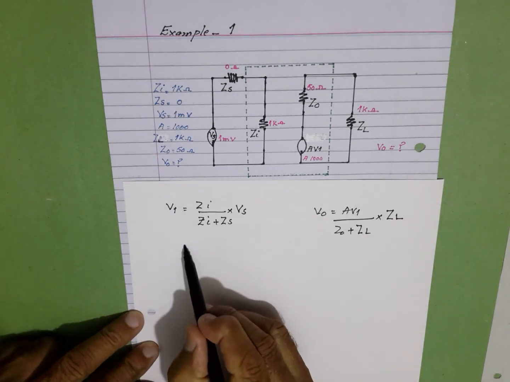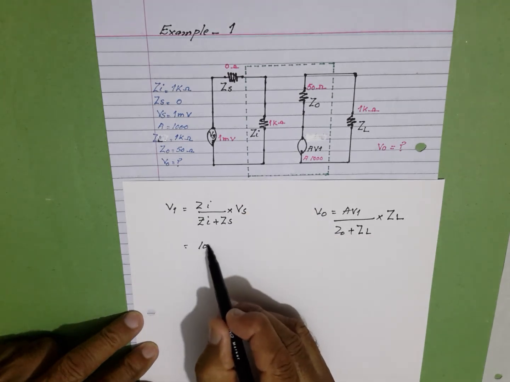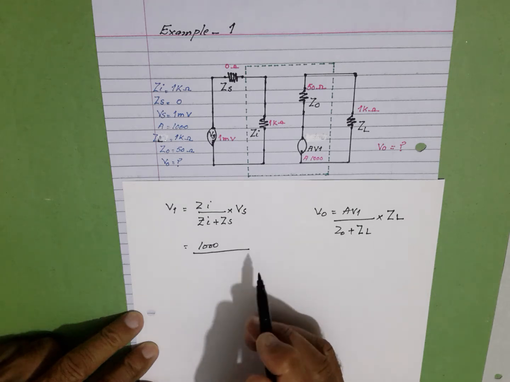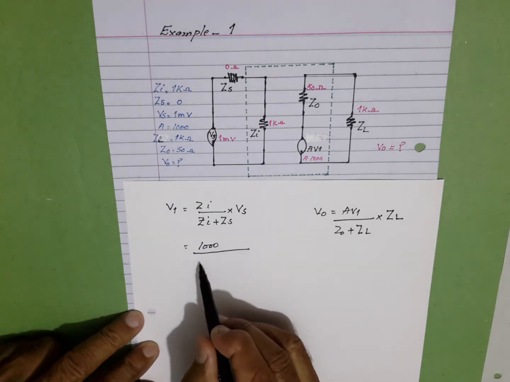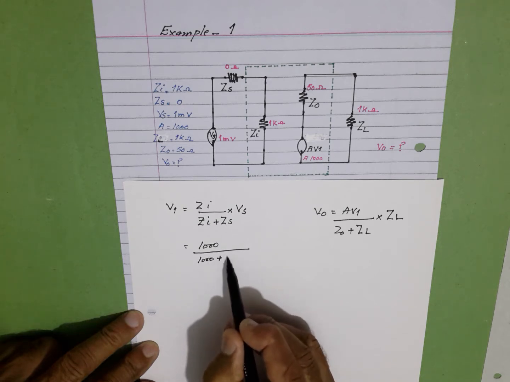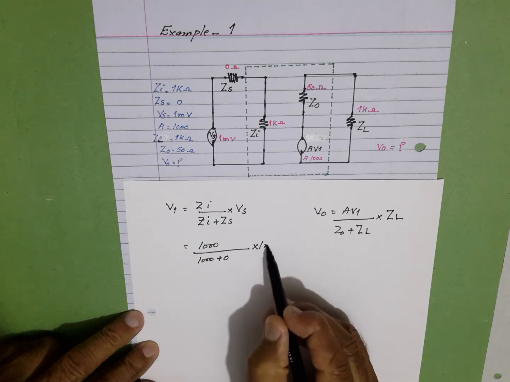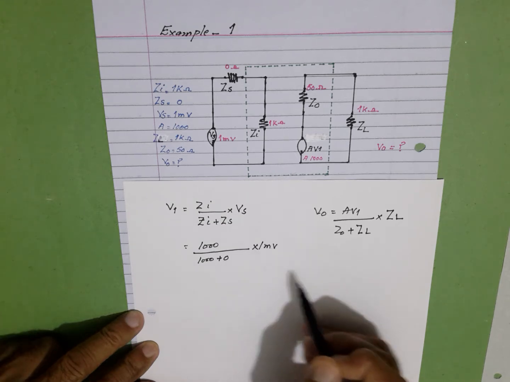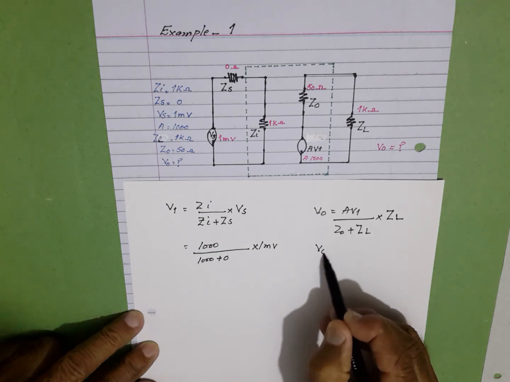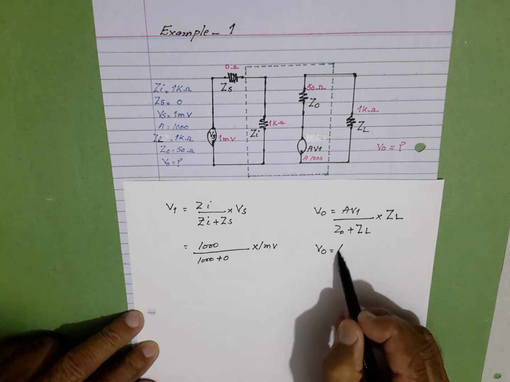Zi in this example is 1 kilo ohm. We will write here 1000 ohms, and in the denominator we will write 1000 plus 0, into 1 millivolt. The gain is 1000.